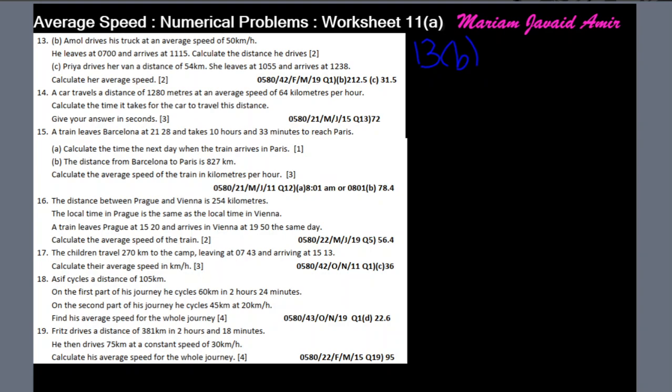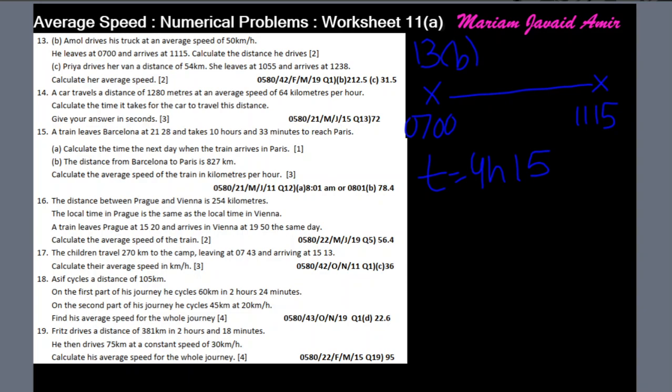So he leaves at 0700 and arrives at 1115. The first thing we need to find is how much time has lapsed between 7 o'clock and 11:15. So 7, 8, 9, 10, 11. So 4 hours, 15 minutes. So time lapsed is 4 hours, 15 minutes.